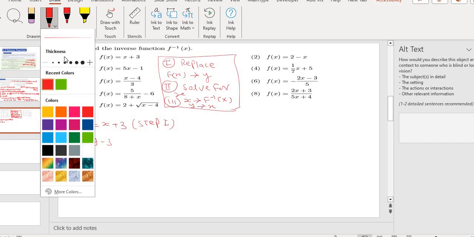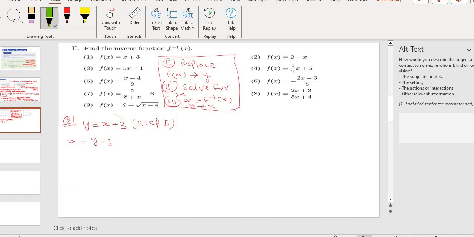That means change the place, x should be here. So x is equal to y minus 3. This is your step number 2. Step number 3, replace x with f inverse of x. So f inverse of x is equal to x minus 3, with y as x. So this is f inverse of x.